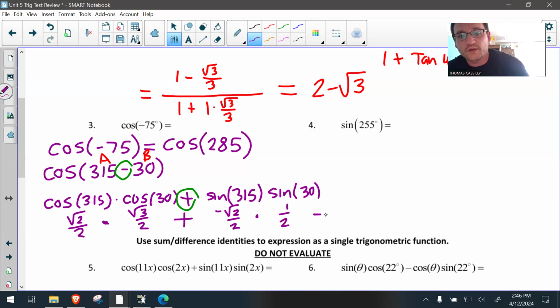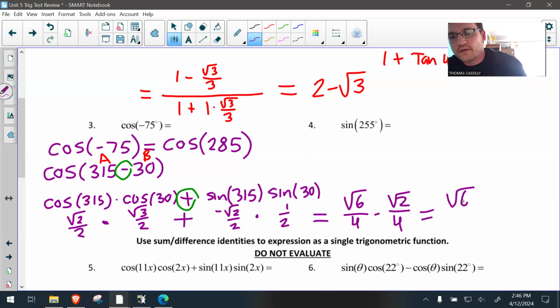So this is going to be equal to square root of 6 over 4 minus the square root of 2 over 4. And putting that all under one fraction, you get square root of 6 minus the square root of 2 all over 4. That's your cosine identity there of negative 75.